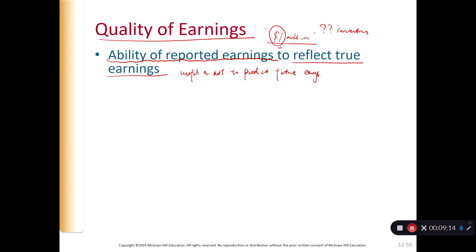But if this $1 million is actually not really reflecting the true earning of the company, then I cannot use it to predict the future, right? Because I'm not sure how much of it is recurring, how much is non-recurring, how aggressively this $1 million is recorded, or how conservative it is.